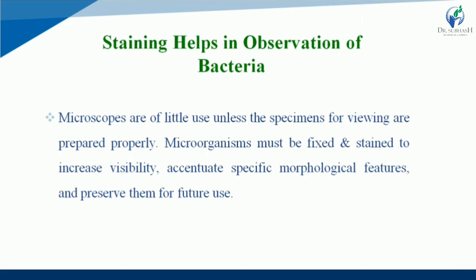Microscopes are of little use unless the specimens for viewing are prepared properly. Microorganisms must be fixed and stained to increase visibility, accentuate specific morphological features, and preserve them for future use.